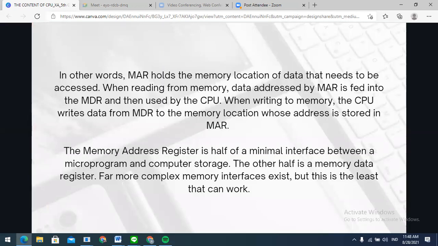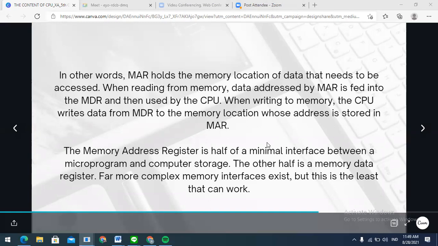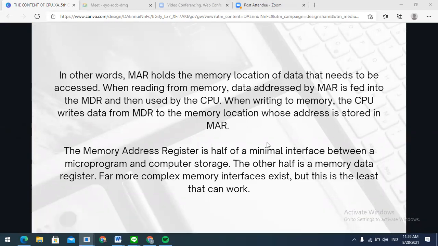In other words, MAR holds the memory location of data that needs to be accessed when reading from memory. Data addressed by MAR is fed into the MBR and then used by the CPU. When writing to memory, the CPU writes data from MBR to the memory location whose address is stored in MAR.